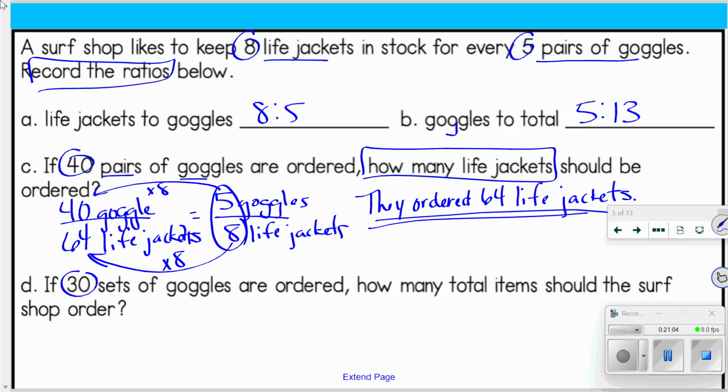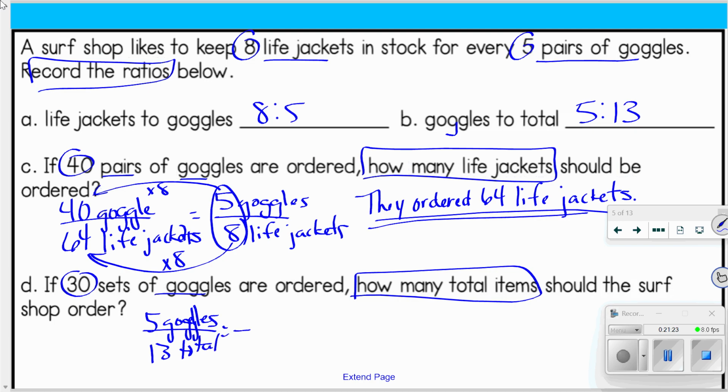Okay, if 30 sets of goggles are ordered, how many total items should this shop order? So now we're going to use that second one. I have 5 goggles, try to put both these in there, over 13 total. And I know it's going to be 30 goggles over some amount of total.